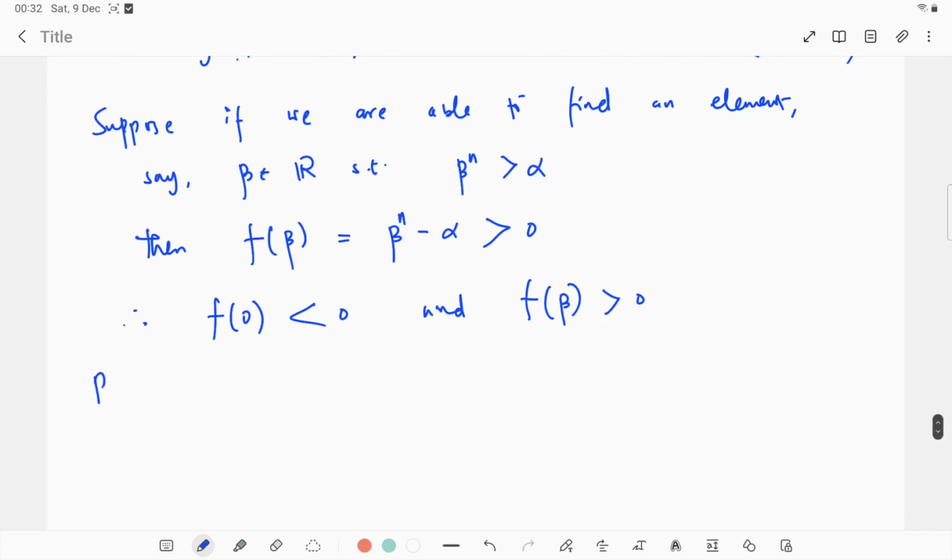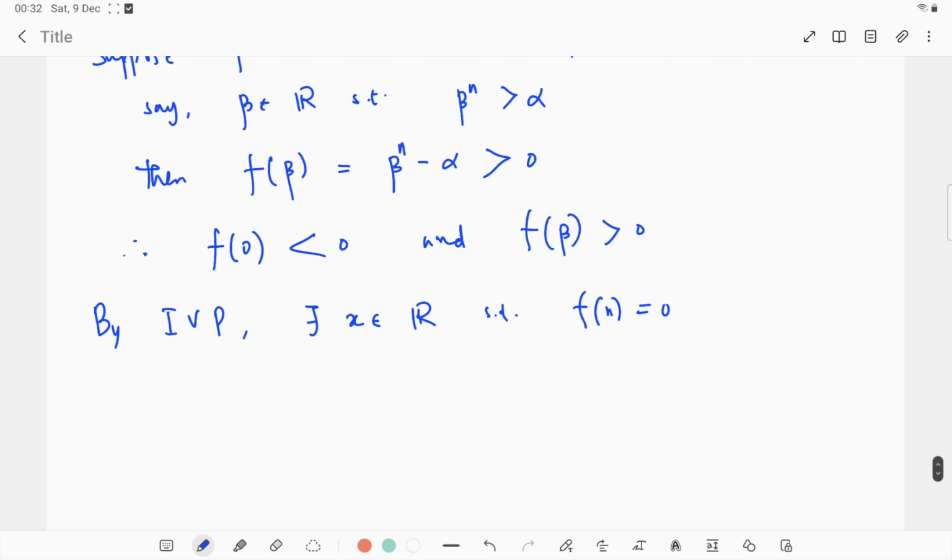Therefore, by the intermediate value theorem, there exists an x inside R such that f of x is equal to 0, right? So it means that x to the power n minus alpha is equal to 0. It means that x to the power n is equal to alpha.